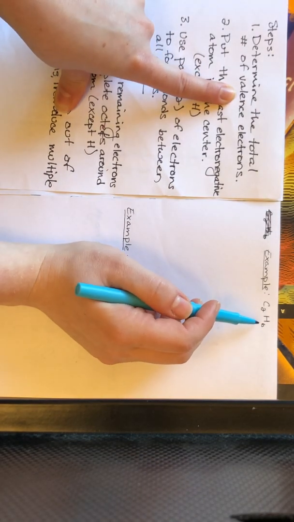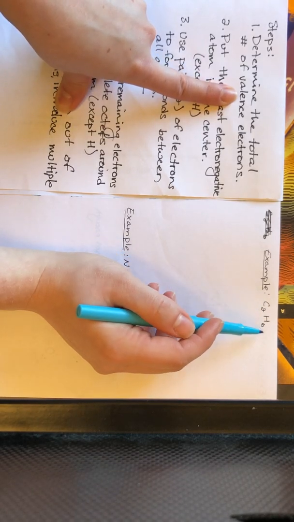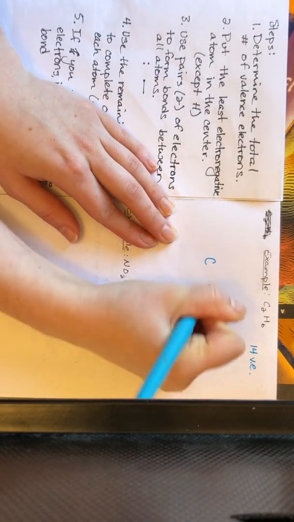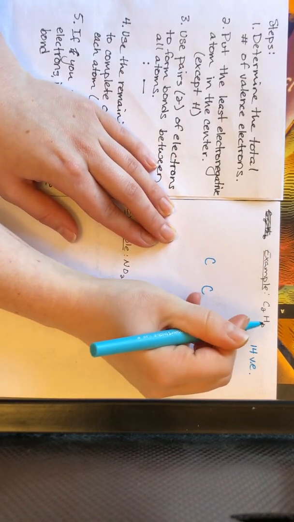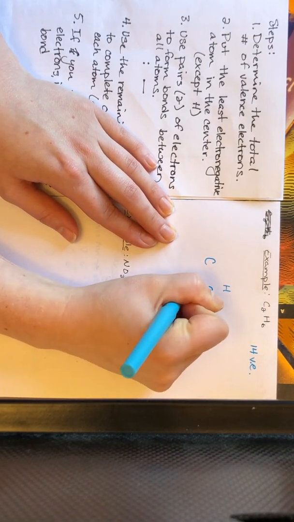Each hydrogen has 1, each carbon has 4, so that's 4, 8, and then plus 6 is 14. 14 valence electrons. And so on this one, I'm going to put my carbons in the middle, and I'm going to put the hydrogens all around them.